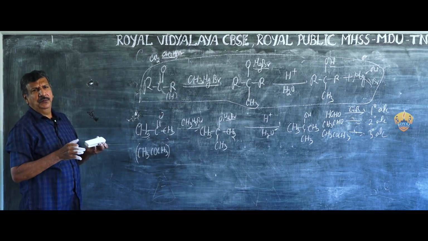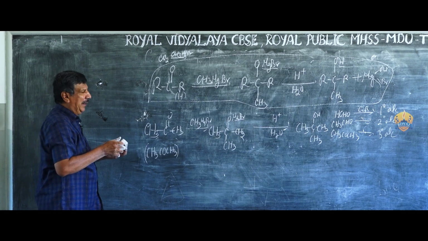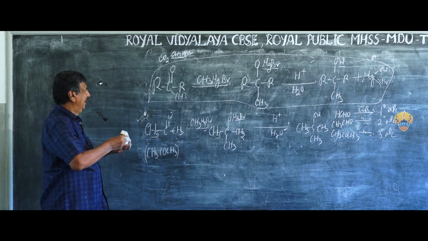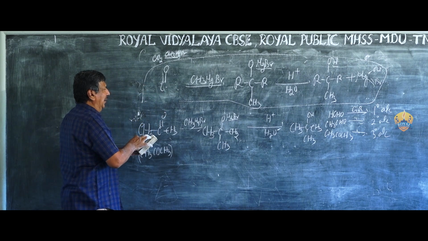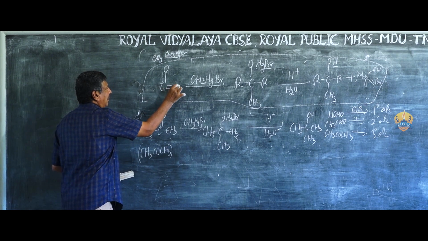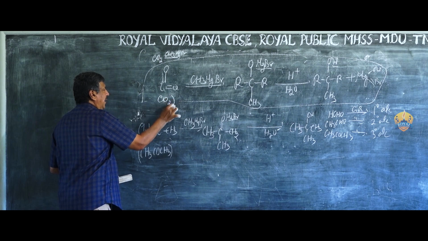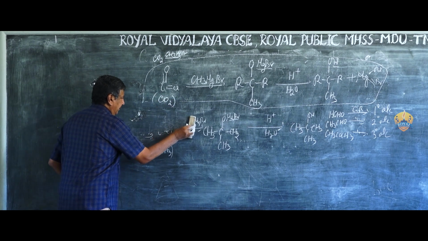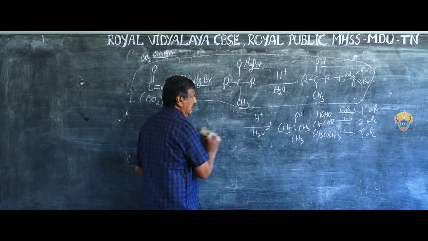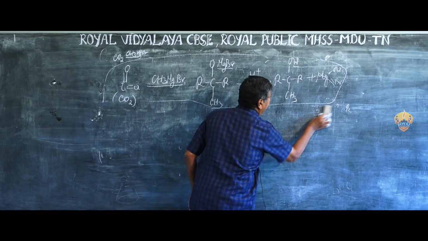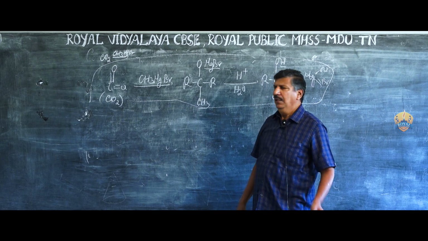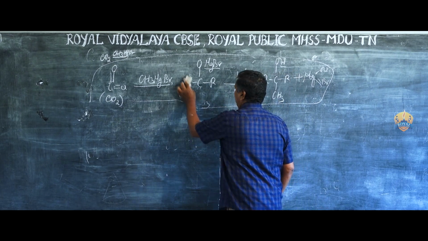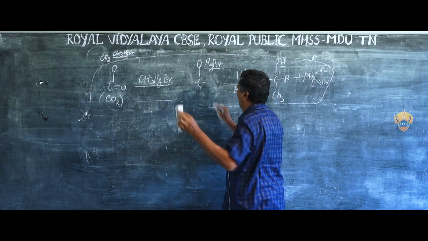I am going to write this formula slightly like this. This is carbon dioxide. Then I have to change here also, like this.